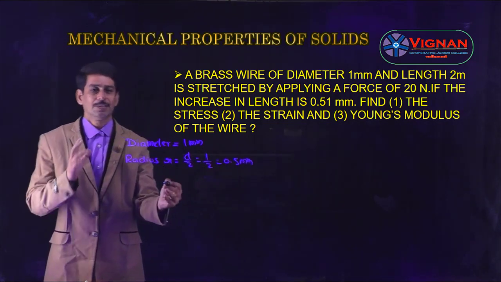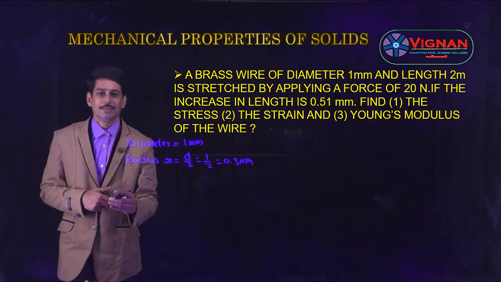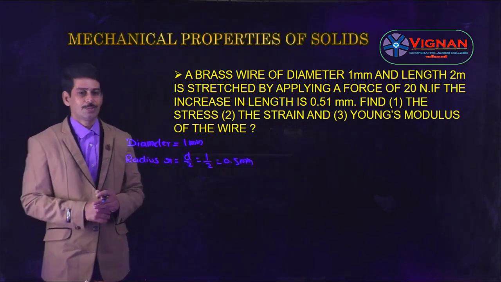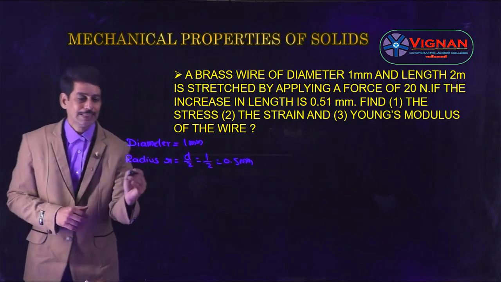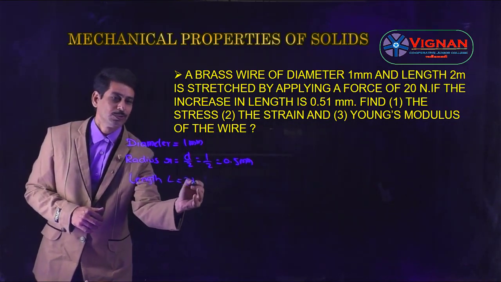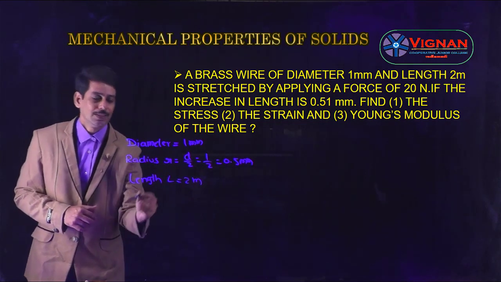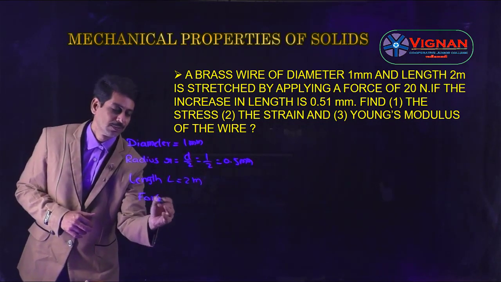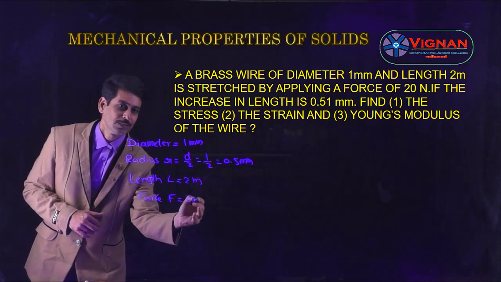So the radius is 0.5 millimeter, the length L is equal to 2 meter, and the force F is given as 20 Newton.